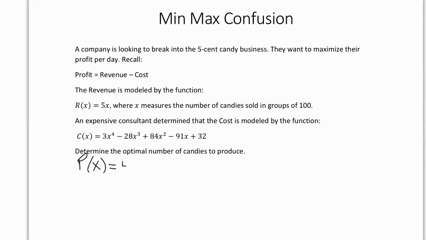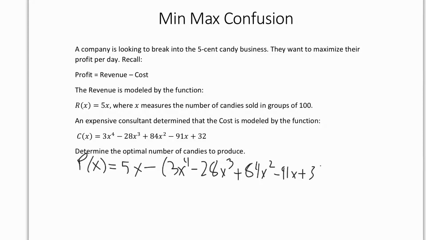So 5x minus 3x to the 4 minus 28x cubed plus 84x squared minus 91x plus 32. If we distribute that negative and look at the 5x and the 91x, we'll be able to group those together.